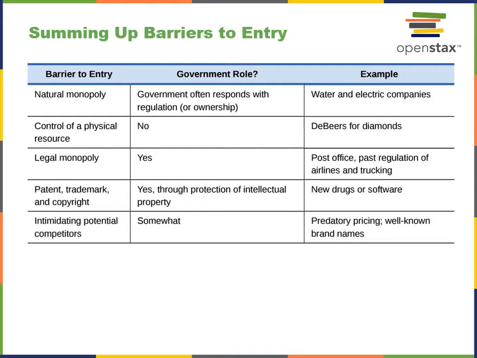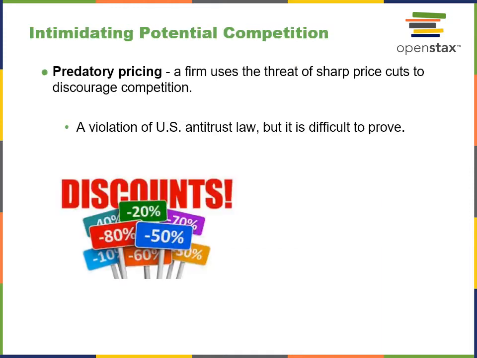Usually this is illegal, so the government gets in somewhat when they see that something really bad is happening. And predatory pricing could occur, or sometimes there's just a well-known brand name, and everybody wants to go to the brand name rather than the generic.